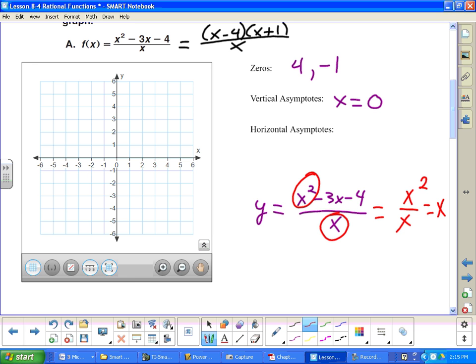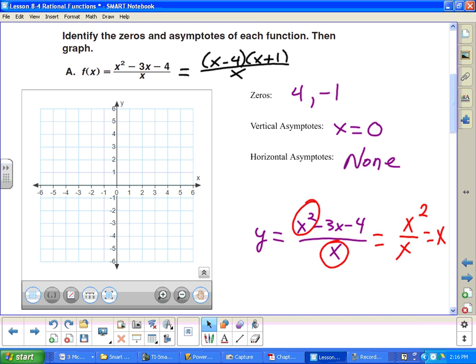So in this case, horizontal asymptotes, there's none. Because the degree of the numerator is 2, and the degree of the denominator is 1. So anytime the degree of the numerator is larger than the degree of the denominator, we have no horizontal asymptotes. All right? And there's my proof of why. When we start looking at really, really big numbers, that's what happens. So let's do the graph then.